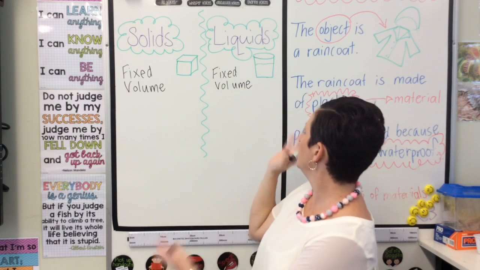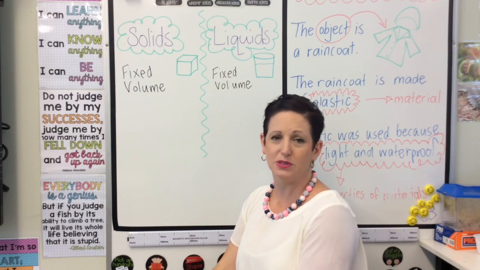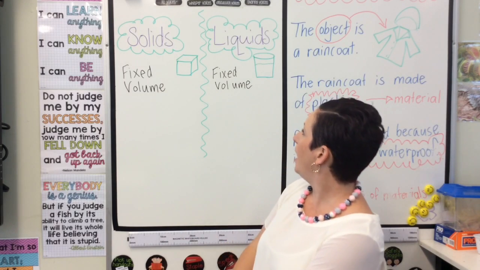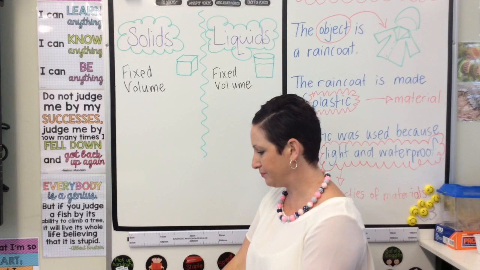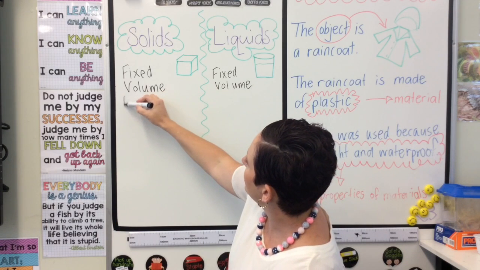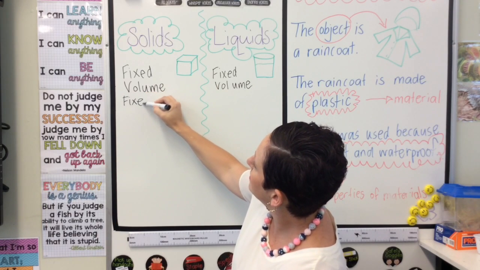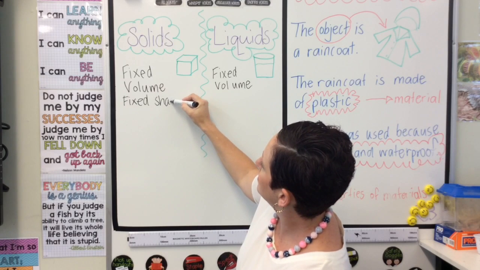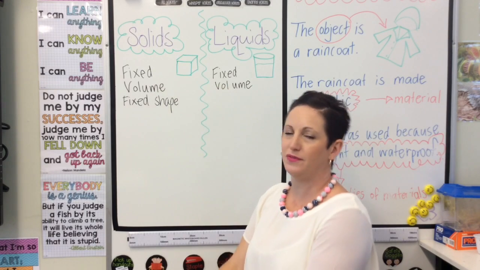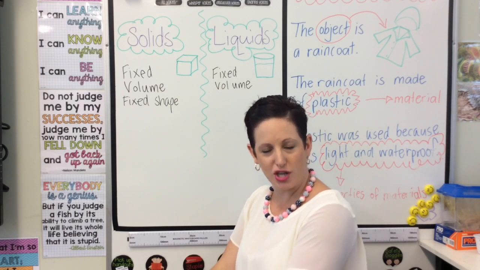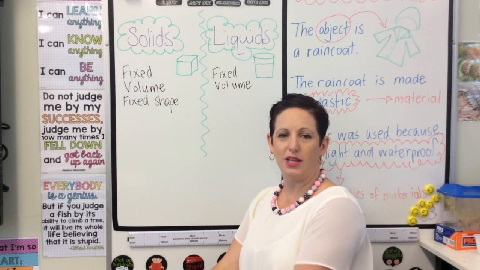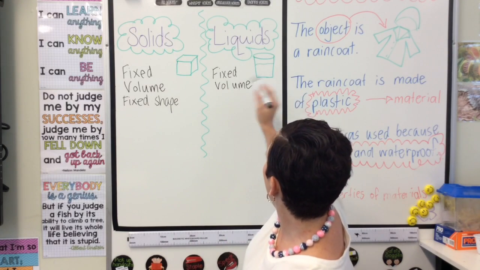So the volume of that cup of water will not change. However, solids have a fixed shape. So the block of ice will not change shape while it is in a solid state.